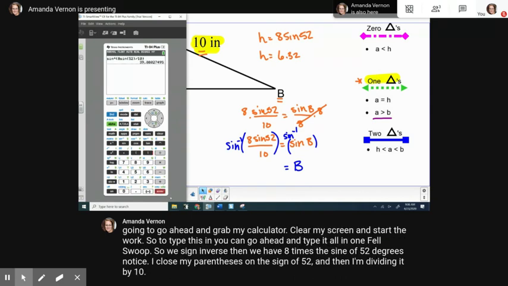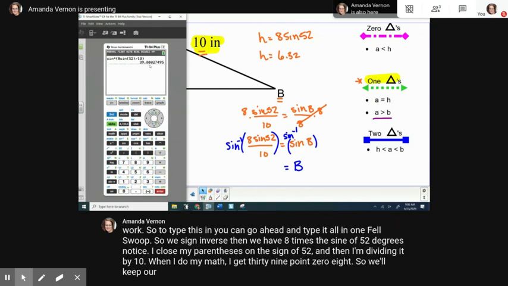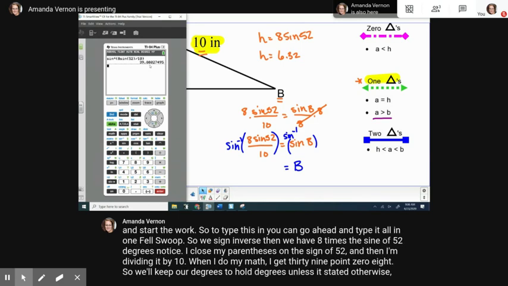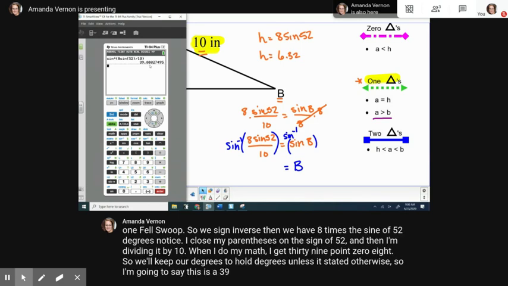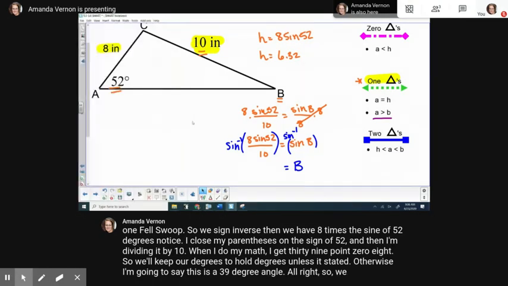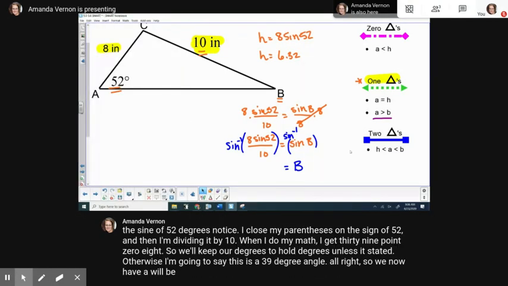When I do my math, I get 39.08. We'll keep our degrees to whole degrees unless it's stated otherwise. So I'm going to say this is a 39-degree angle. All right, so we now have angle B, and that is 39 degrees.